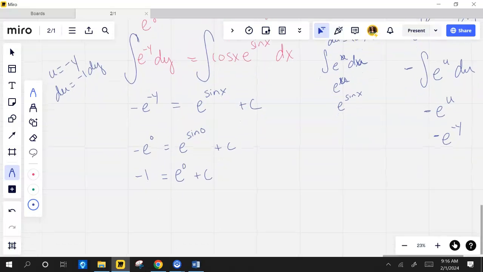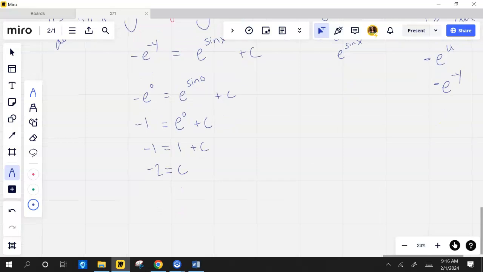What does C equal? Negative 2. I'm almost there. We've got to get y by itself.